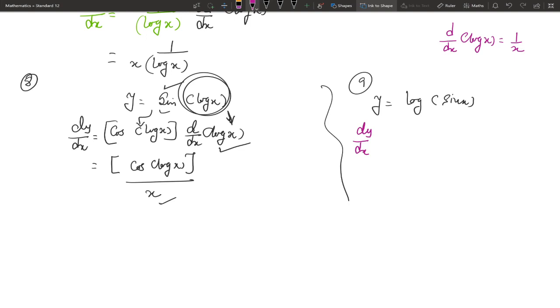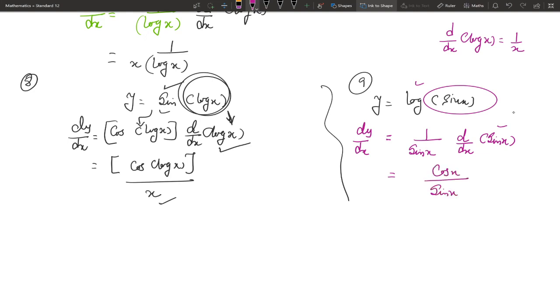So it is 1 upon sin x. Inside it is a function of x, so by chain rule d by dx of sin x, the derivative of sin x is cos x. So cos x upon sin x, this is cot x, the answer.